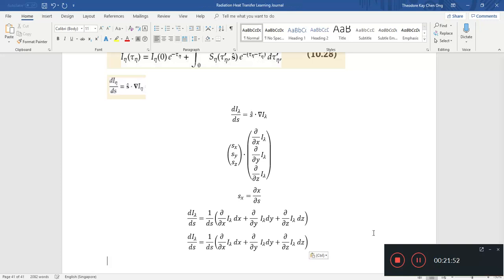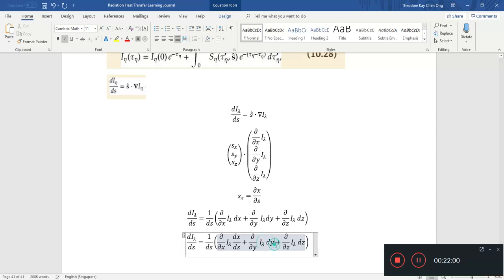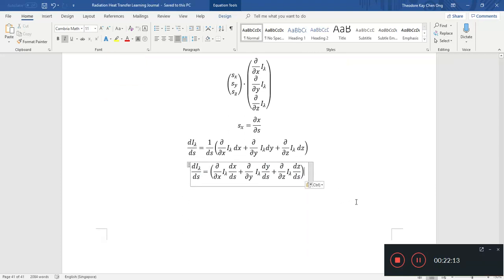Okay, ds and ds. So I'm just going to copy the contents of the bracket and paste over everything. Alright, so what does this begin to look like? Remember what Sx is, as we were talking about earlier.